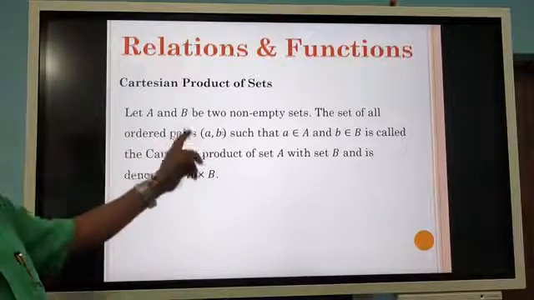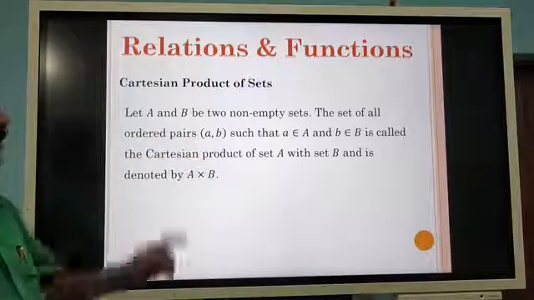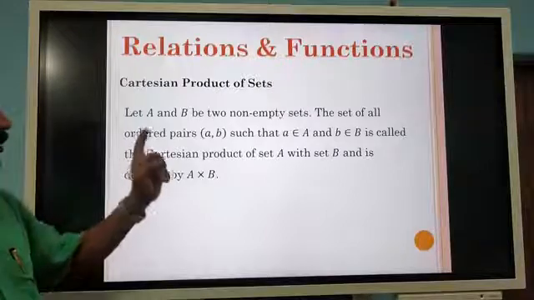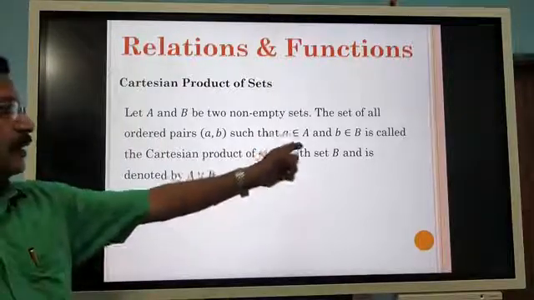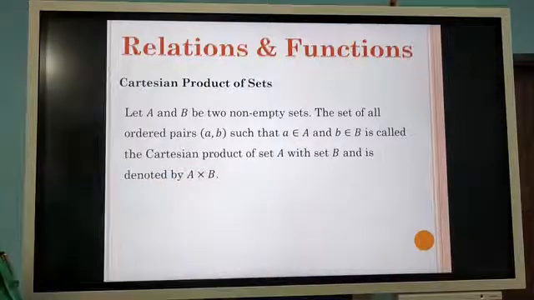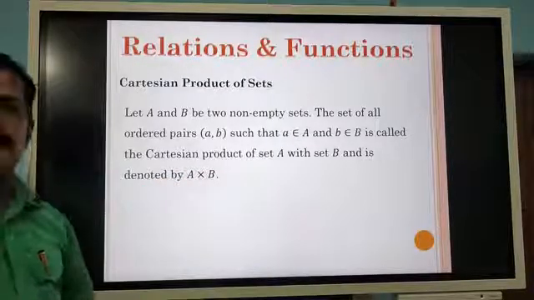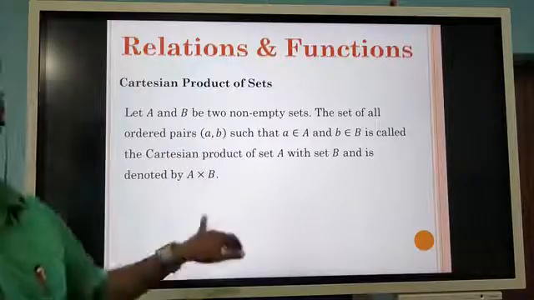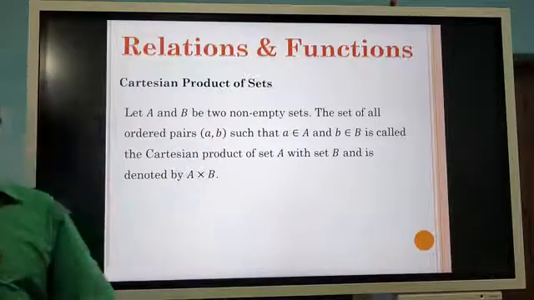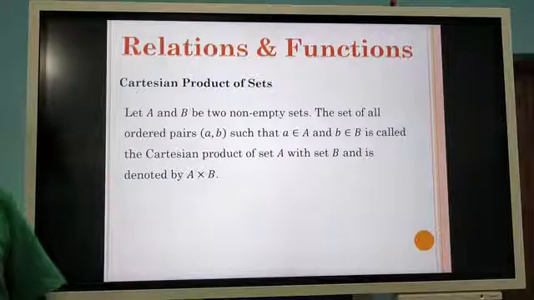Let A and B be two non-empty sets. The set of all ordered pairs (a, b) such that a is an element of A and b is an element of B is called the Cartesian product of the set A with set B and is denoted by A cross B. That is the definition everybody knows.